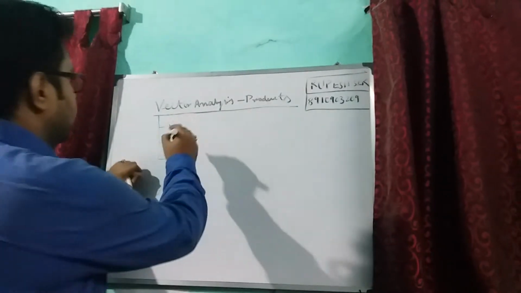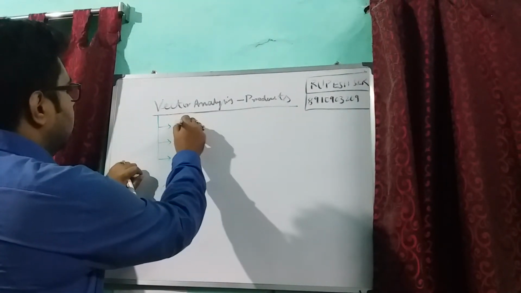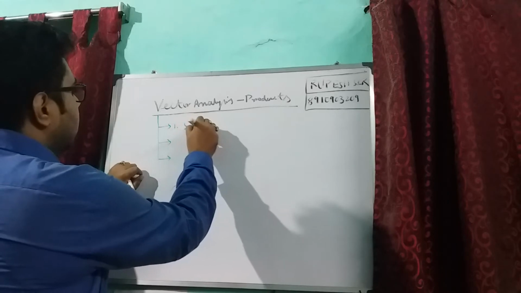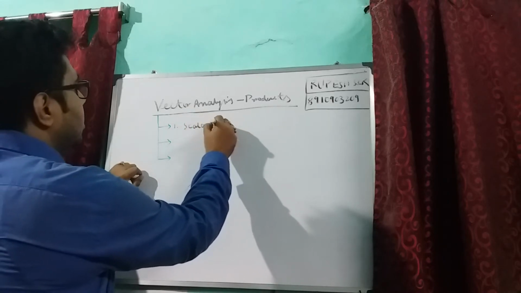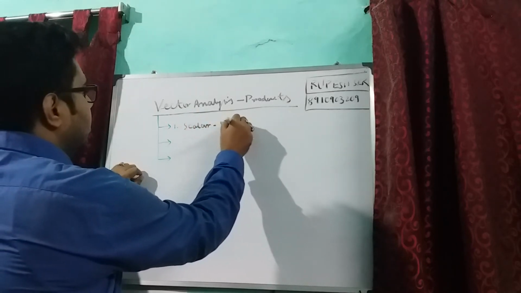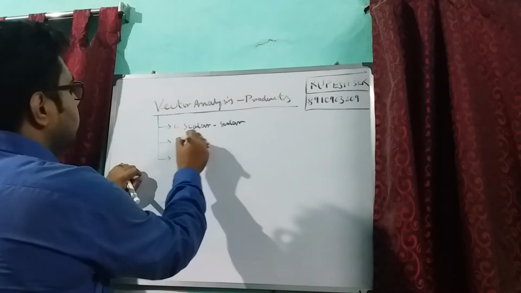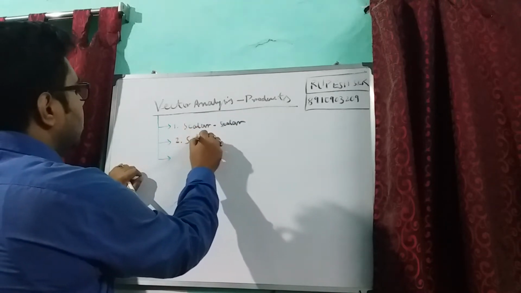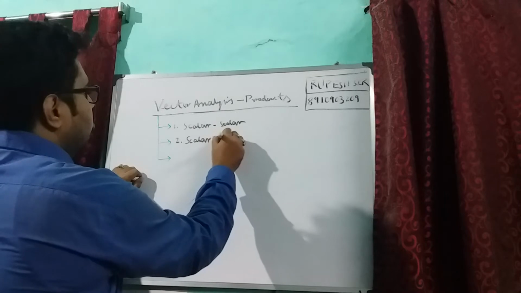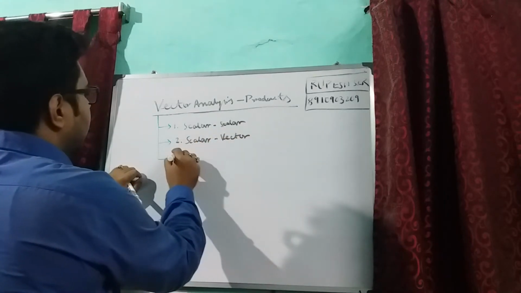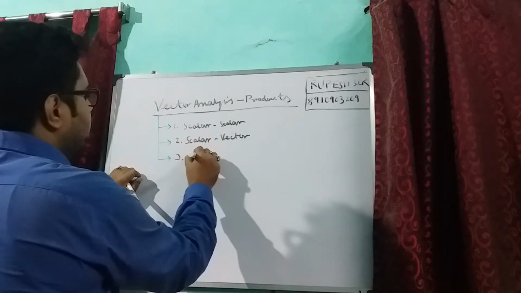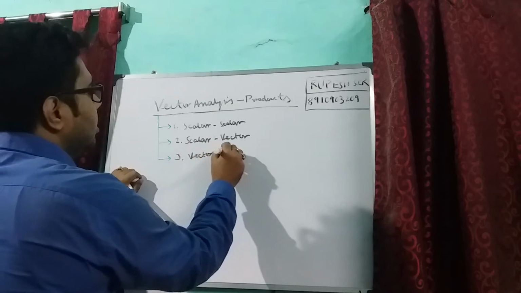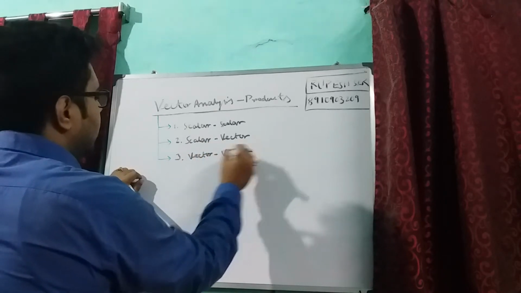Number one, scalar with scalar. Number two, scalar with vector. And number three, vector with vector.